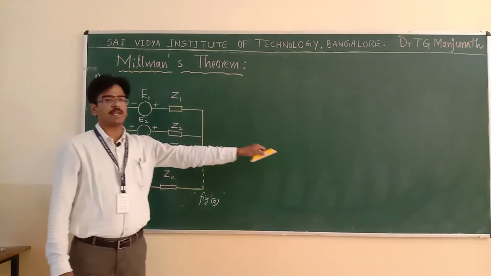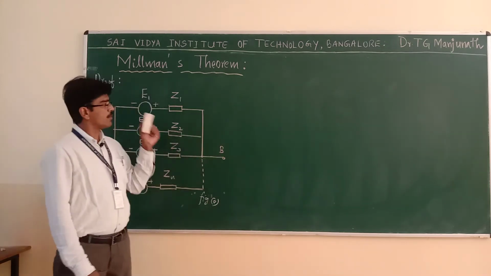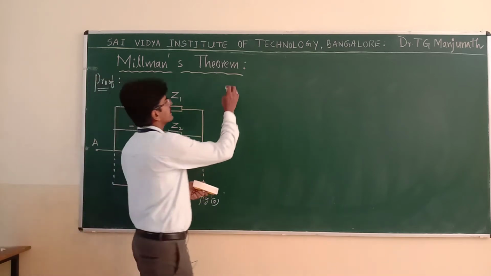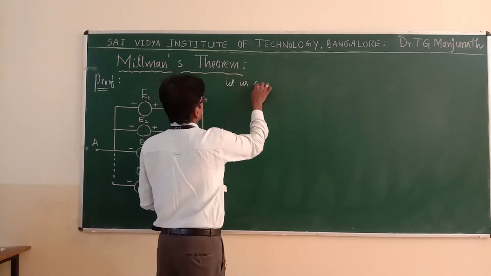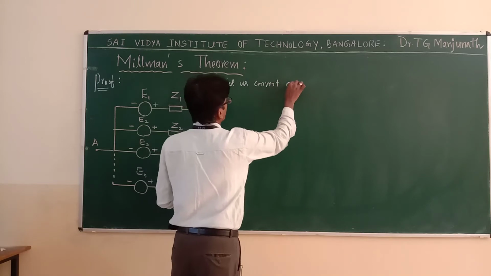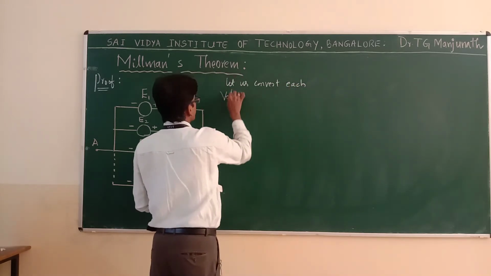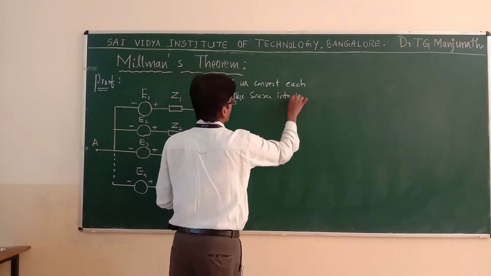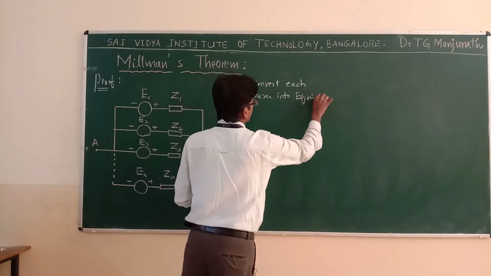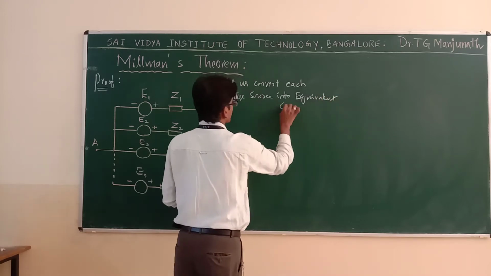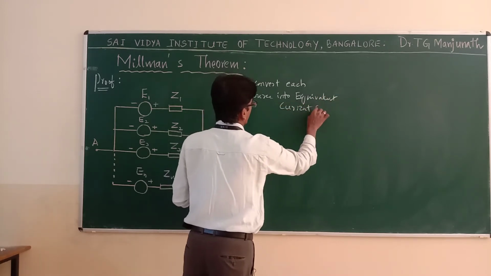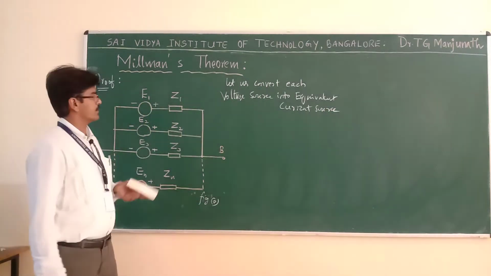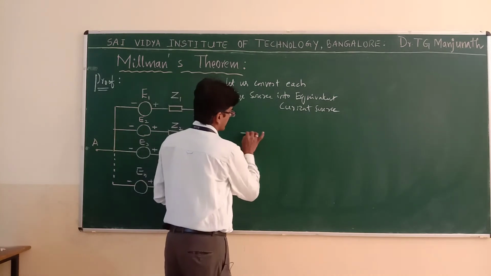Now, to prove the theorem, you do not have any option, you have to convert each voltage source into an equivalent current source. Let us convert each voltage source into an equivalent current source.